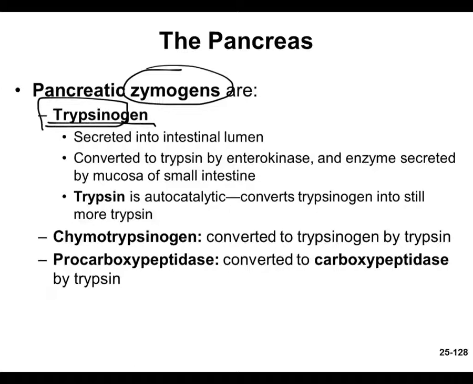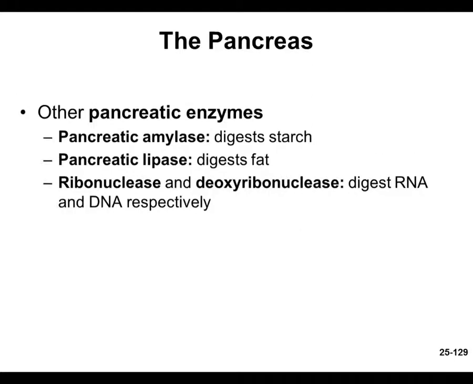And trypsin and chymotrypsin and procarboxypeptidase, they're all important enzymes. I'm not going to get into exactly what each one does, so don't worry about that. But what you will see is that on some of these, there's the ase ending suggesting that they are enzymes. There's amylase that breaks down starch.